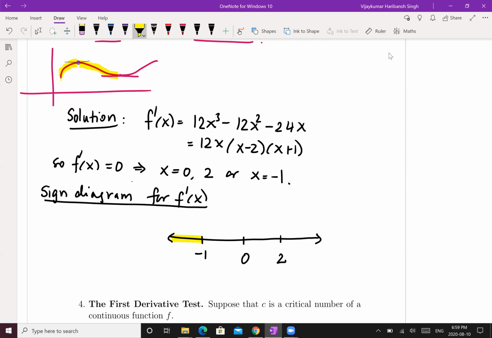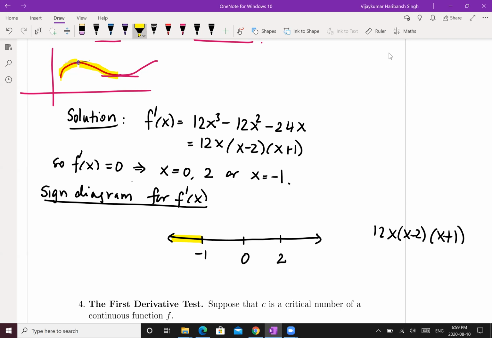So let's choose a point here. Any point from minus infinity to minus 1, excluding minus 1. So let's take minus 2. Substitute into 12x times (x minus 2) times (x plus 1).